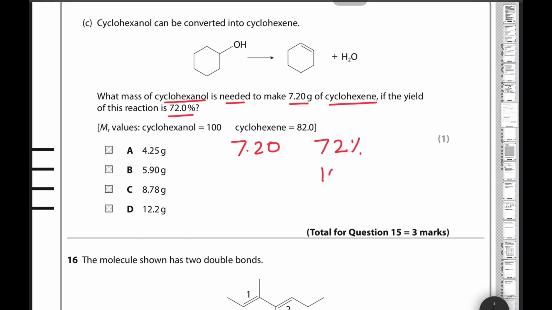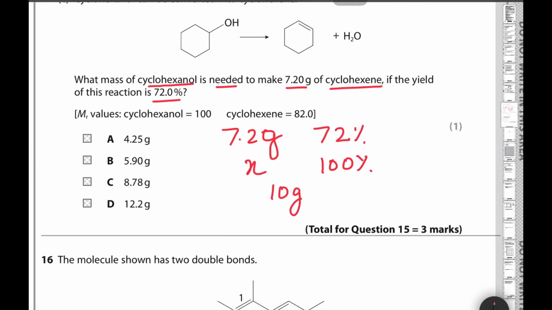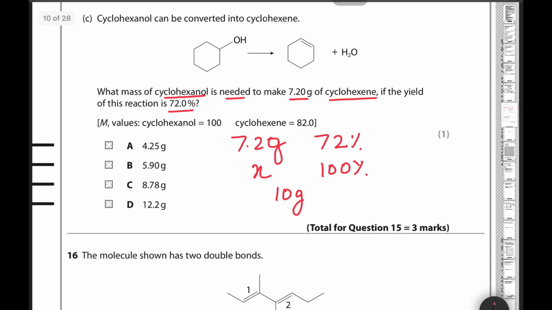So for 100% yield, how much will I be getting? You find the value of X, you solve it, you will get 10 grams. Because 7.2 grams is what you are getting for 72% yield, so for 100% yield you will be getting 10 grams.